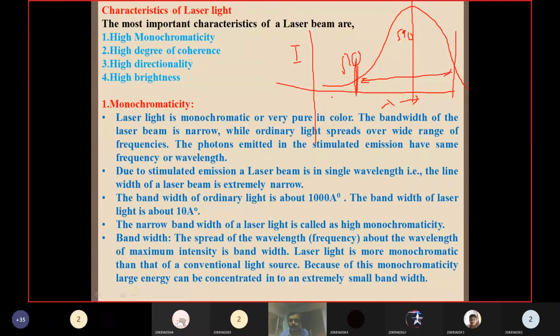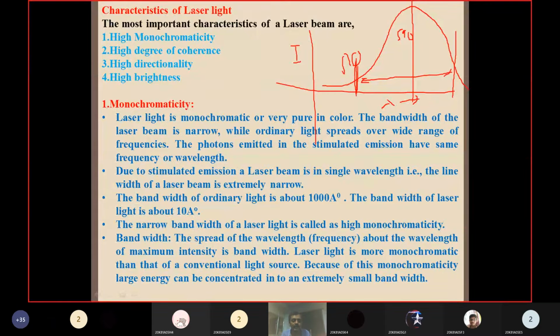LEDs are also normal lights only, and in them the bandwidth is also very high. Compared to sodium light, LED lights have a little less bandwidth, so the bandwidth is reduced, but compared to laser, LEDs still have high bandwidth.